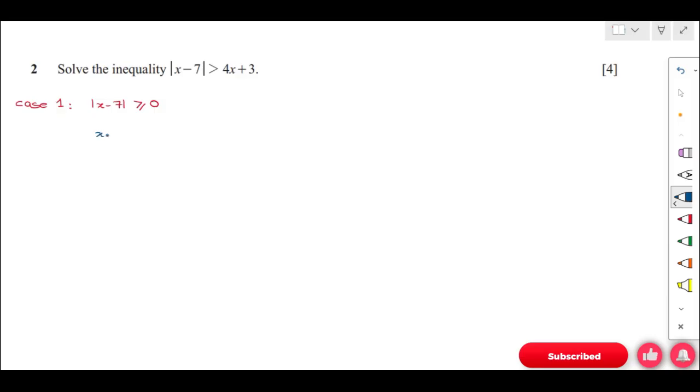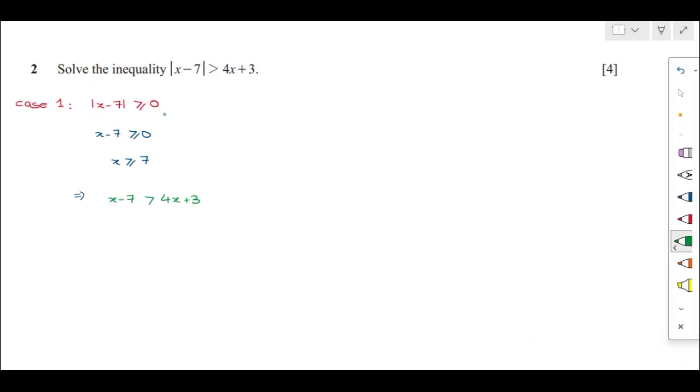It means x minus 7 is greater than or equal to 0, or x should be greater than or equal to 7. Okay, right. Now, if we are solving this case, this implies we have to take x minus 7 is greater than 4x plus 3. In the first case, we consider this absolute function is positive, right? So when this absolute function is positive, the resulting x should be greater than or equal to 7. It is 7 or more than 7.